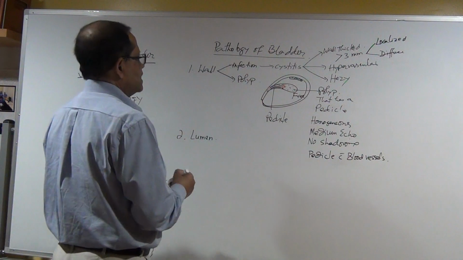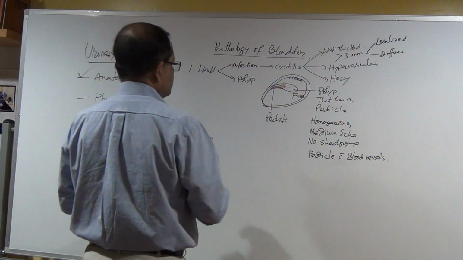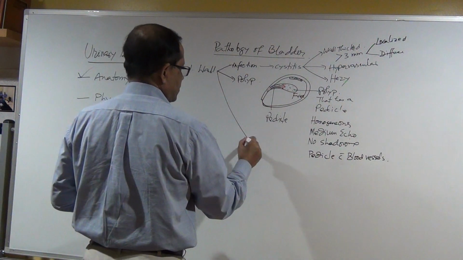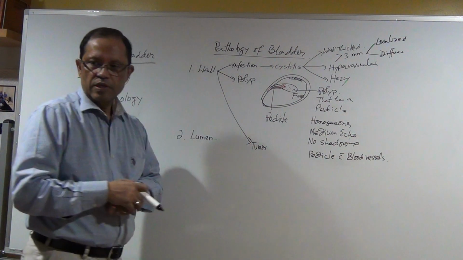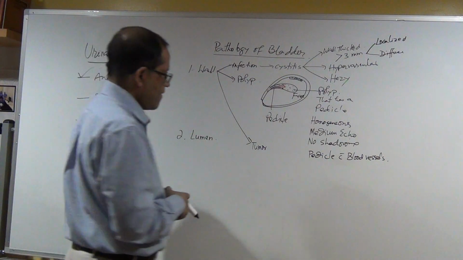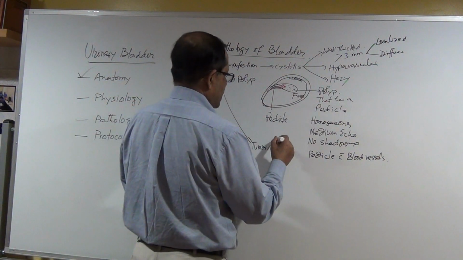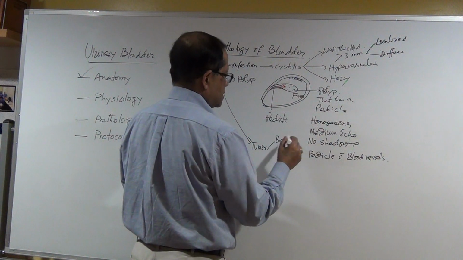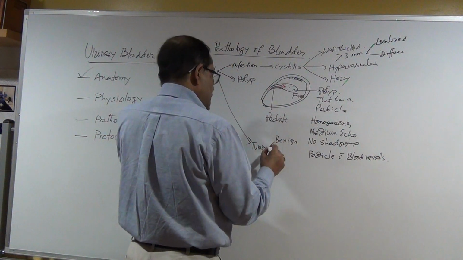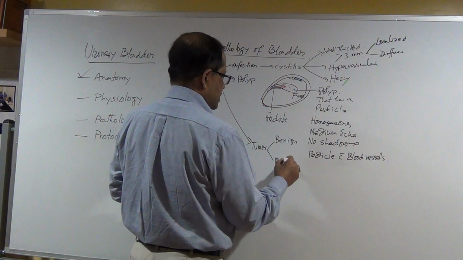What else other than a polyp? Tumor. There might be a tumor. Okay? Benign is very few, and malignant.